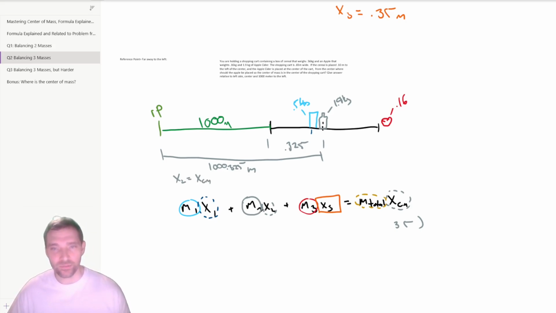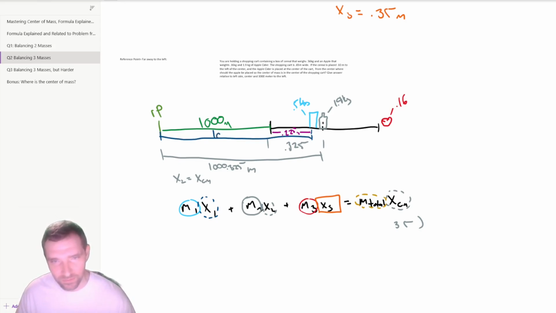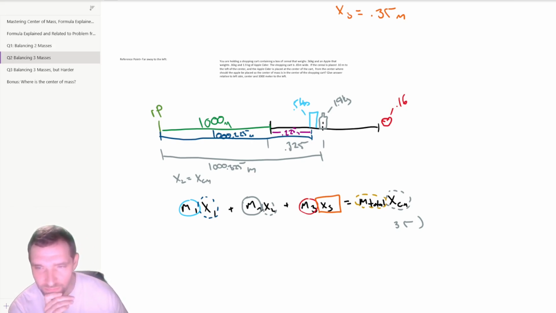So we have that one value. We had previously said that this was 0.225 meters from here to there. So if we really want our displacement, we're going to need to go from here to our reference point, which is going to be 1,000 meters, or 1,000.225 meters. So we have x1, we have x2, we have the displacement, and we have all the other masses.